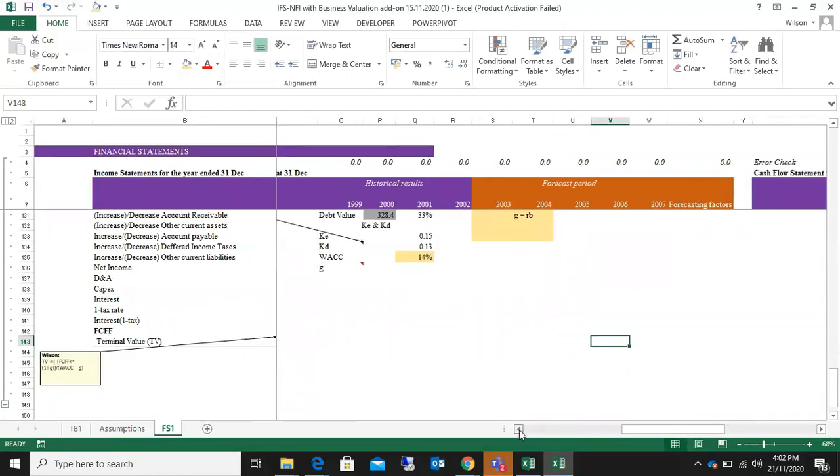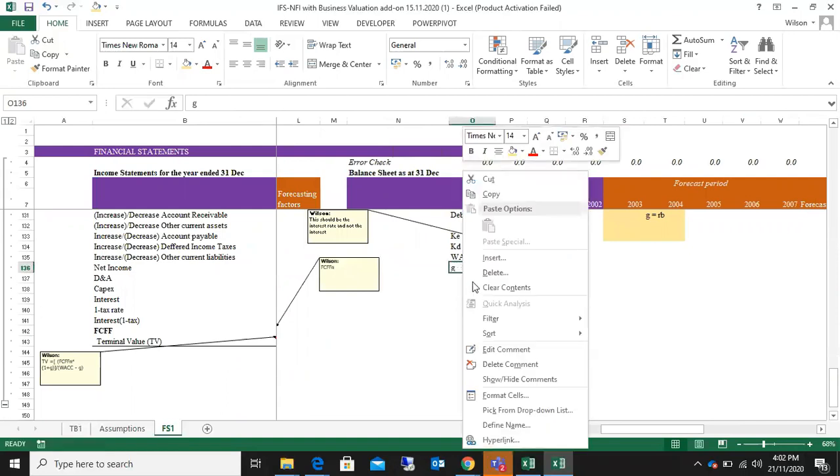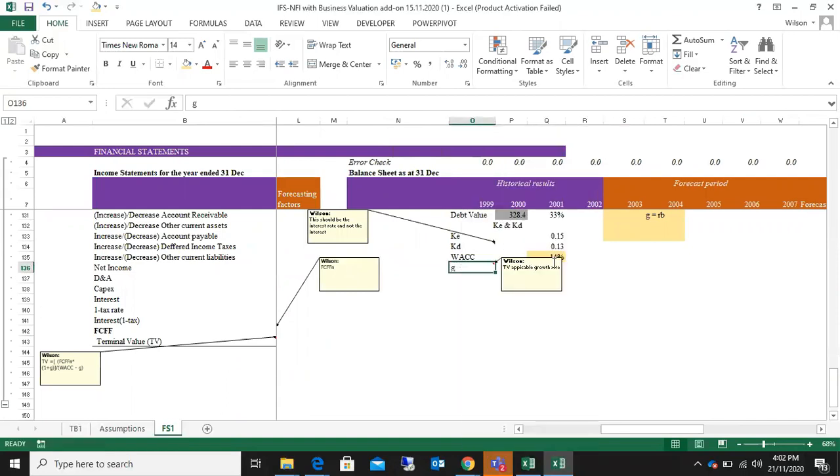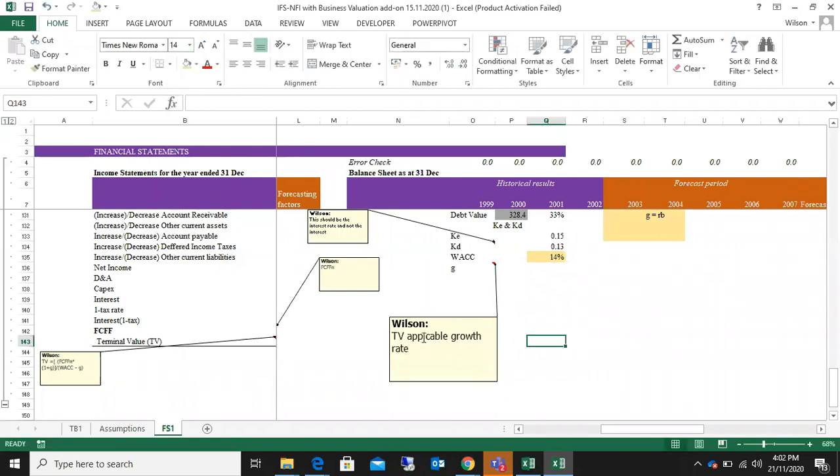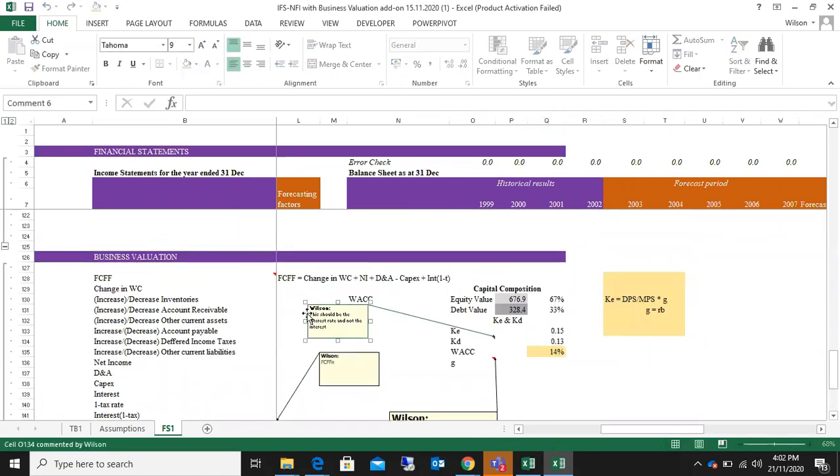So the G is the TV applicable growth rate.